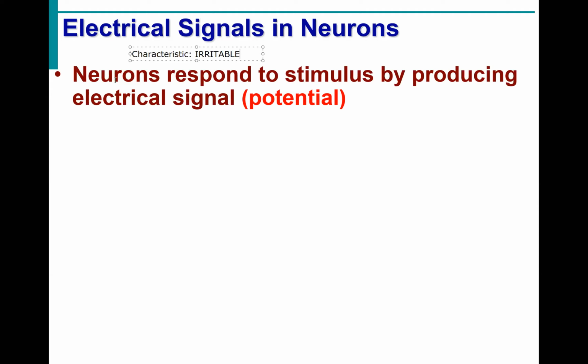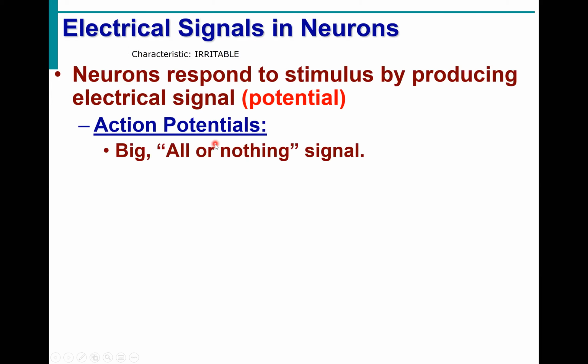They receive a stimulus and they respond. And they respond by producing an electrical signal. Before we said action potential, but in reality, the truth is it actually produces just a potential. Because what actually happens is that there are 2 different types of potentials that a neuron can produce.